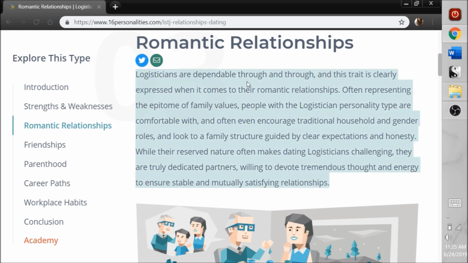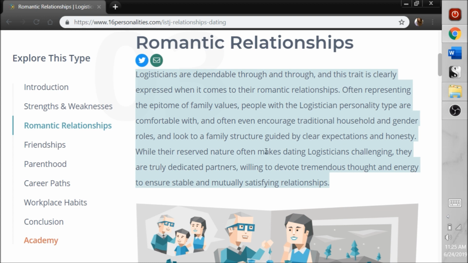Just to give you a brief overview so you have an idea, this says logisticians are dependable through and through, and this trait is clearly expressed when it comes to their romantic relationships. Often representing the epitome of family values, people with a logistician personality type are comfortable with and often even encourage traditional household and gender roles, and look to a family structure guided by clear expectations and honesty.